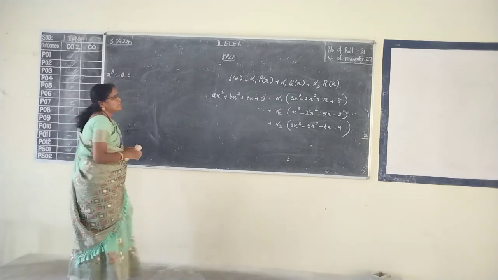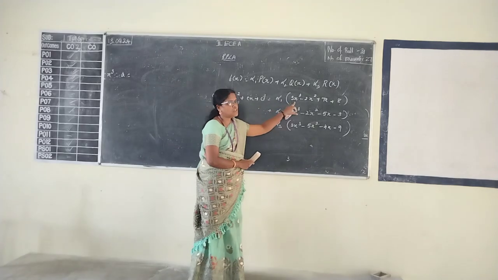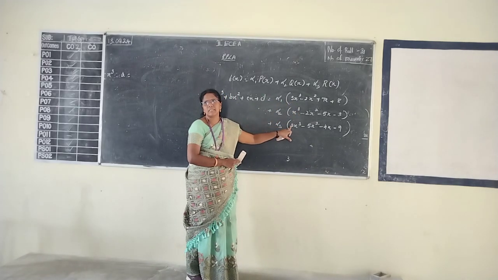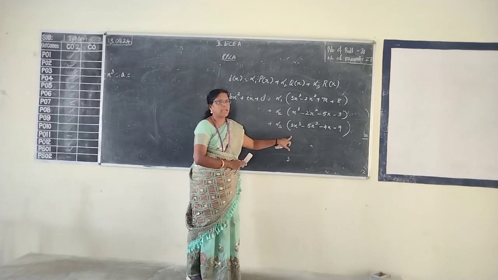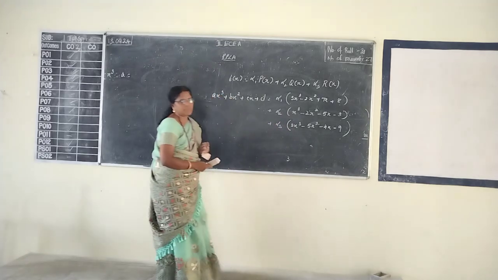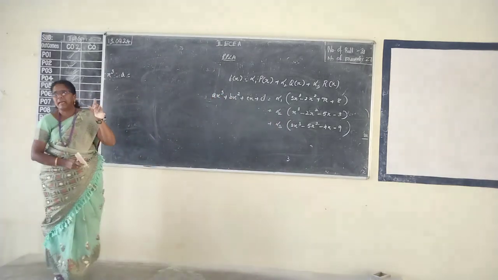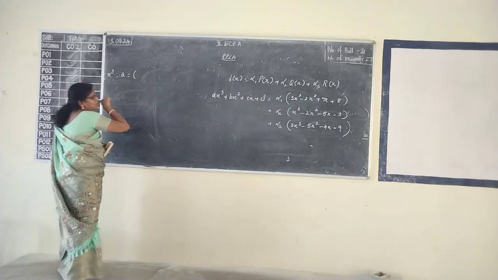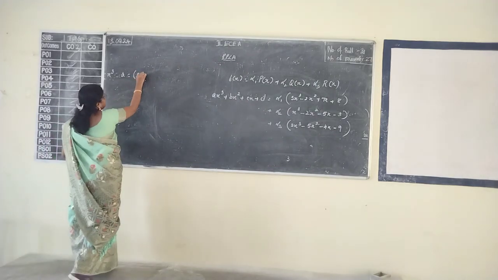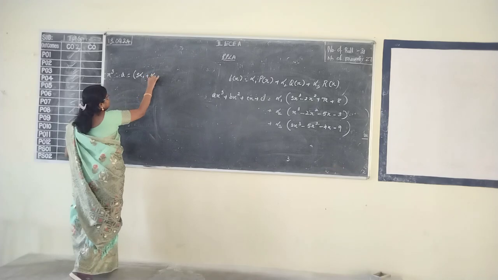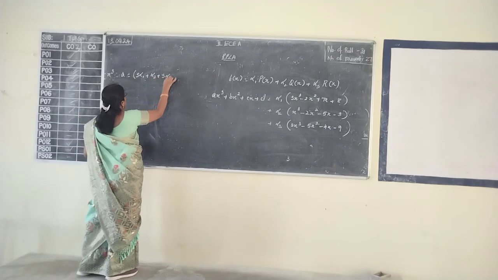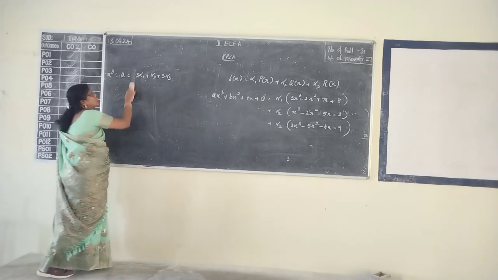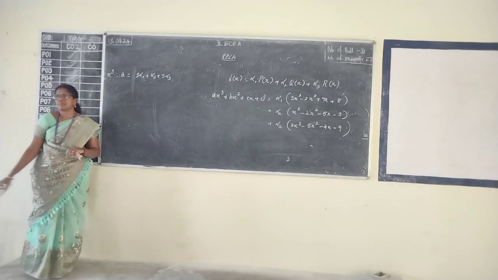Now collect all the terms on the right hand side. This will become 3 alpha 1 plus alpha 2 plus 3 alpha 3. Collect all the x cube coefficients. This is your first equation, combining the coefficients of x cube.